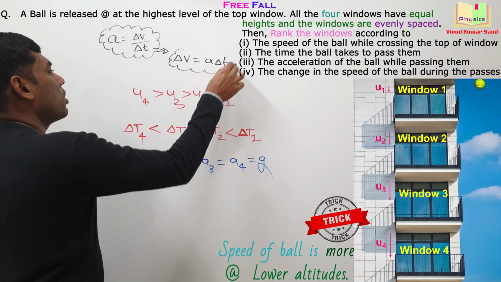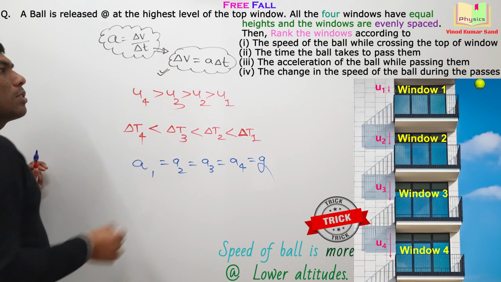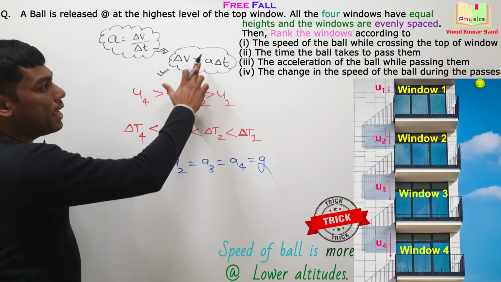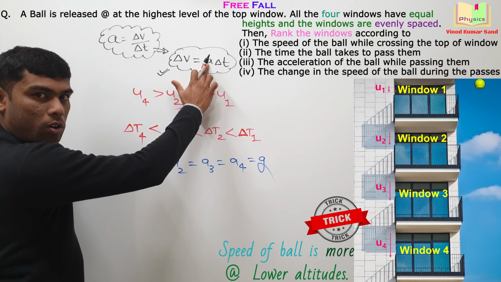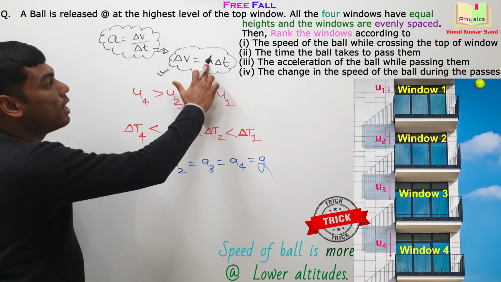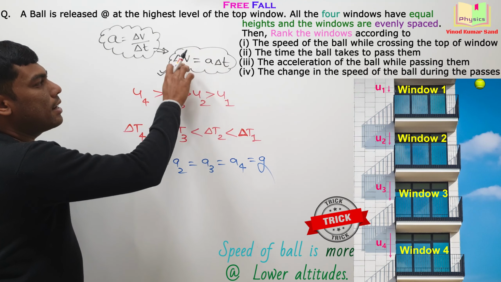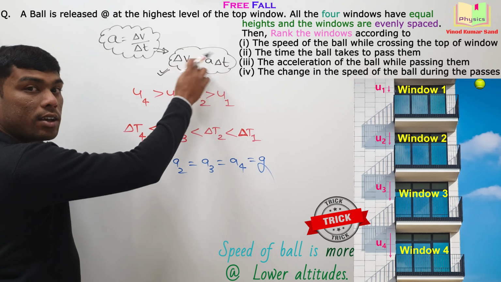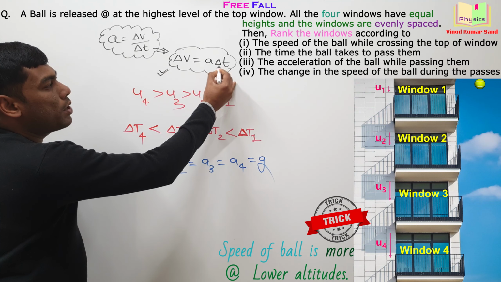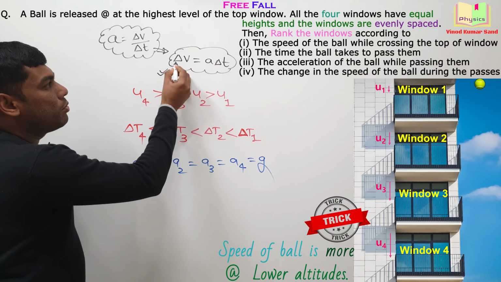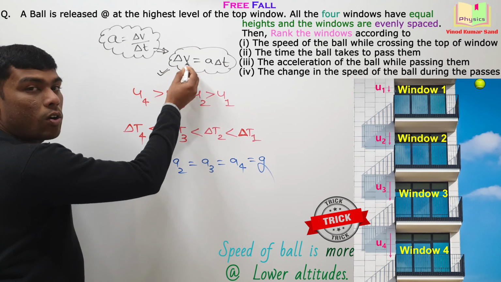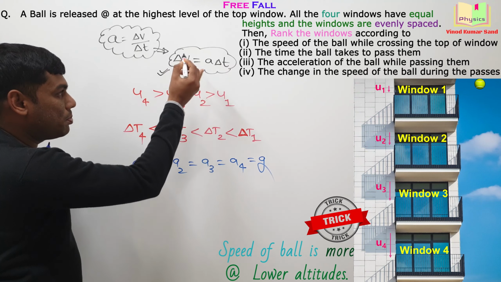It's a unidirectional motion, so we can easily utilize this formula. a is constant for all these scenarios and delta v is then directly proportional to delta t. Now looking at the order of delta t, we can easily determine the order of the change in the speed.